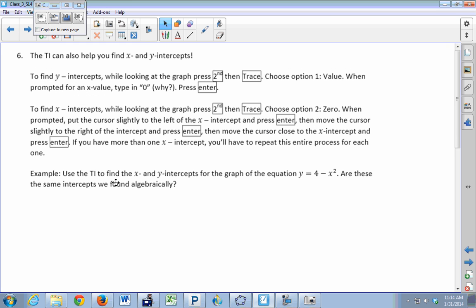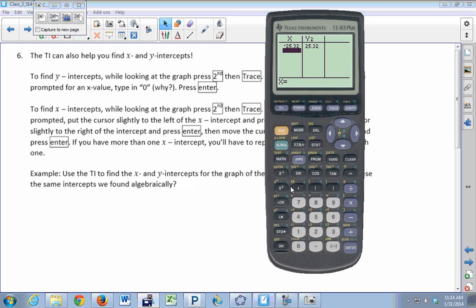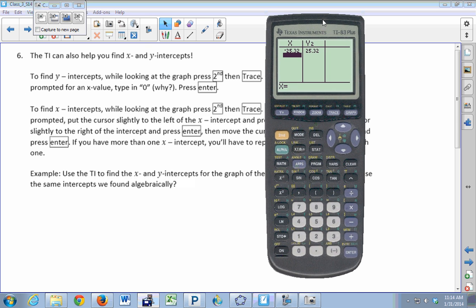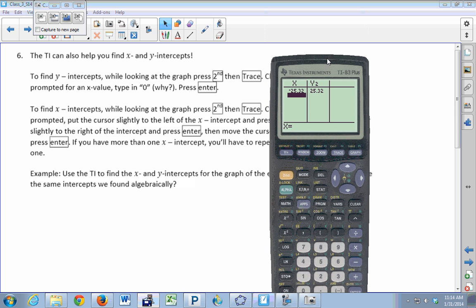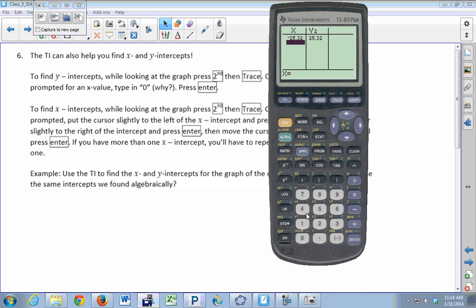So the very last thing I want to show you is how you find your X and Y intercepts with the graphing calculator. To find your Y intercept, it's what we just did a second ago. We want to know what the value of Y is when X is 0. So as long as you have your table set with the ask here for your independent variable, you just go to the table and you put in 0, and out comes 0, because it's finding the absolute value of 0.